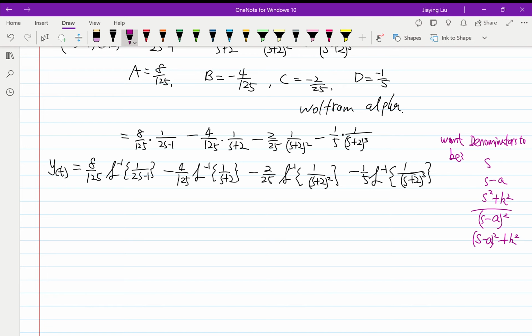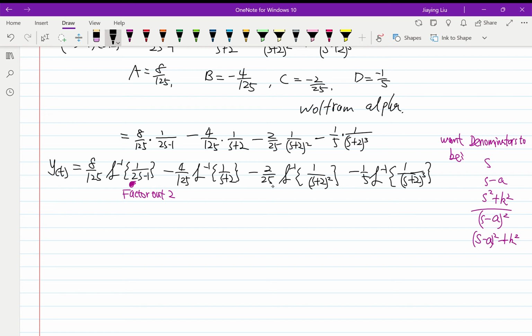It looks like this second term is good. Almost good. But the first term we have to do something, right? Because we have 2s instead of s. So that means we need to take out the 2. So we need to factor out 2 there from the denominator.